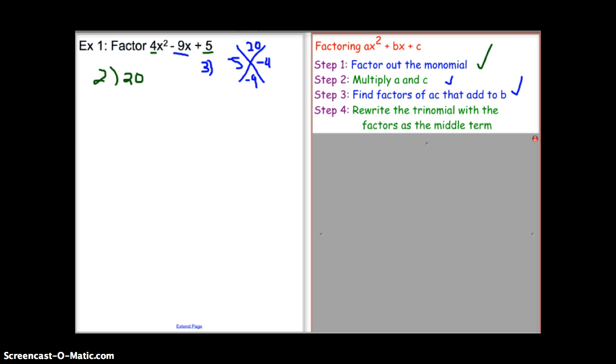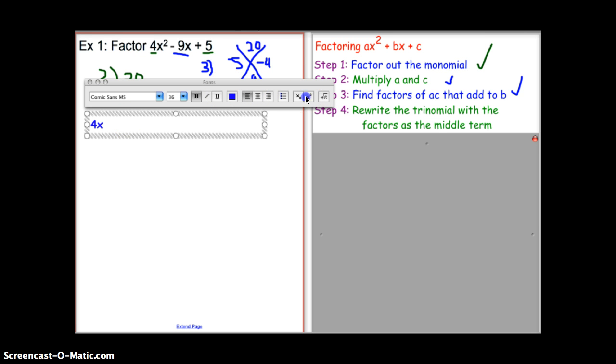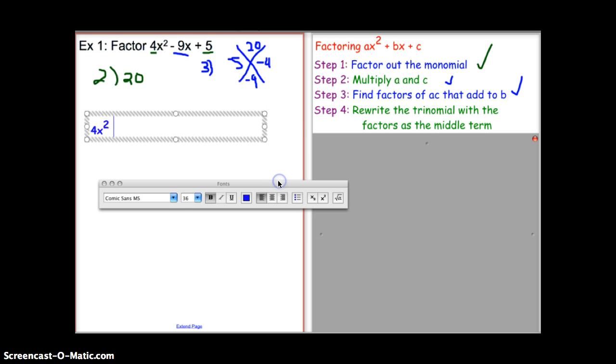Step 4, we're going to rewrite our trinomial with those factors as the middle term. So I'm going to have 4x squared. Instead of putting minus 9x, I'm going to put minus 5x minus 4x plus 5.